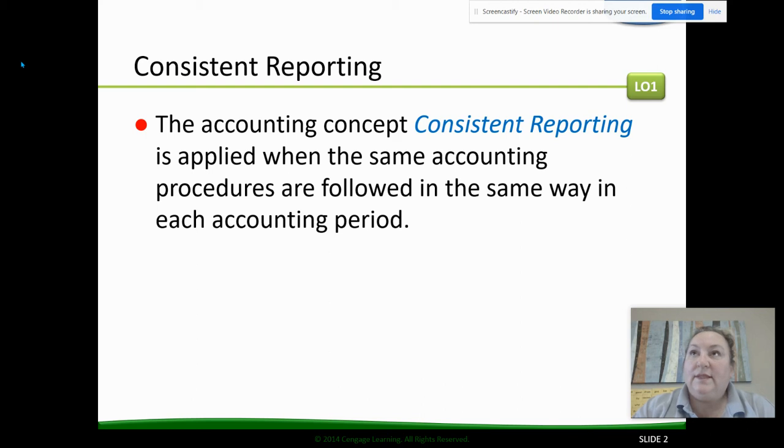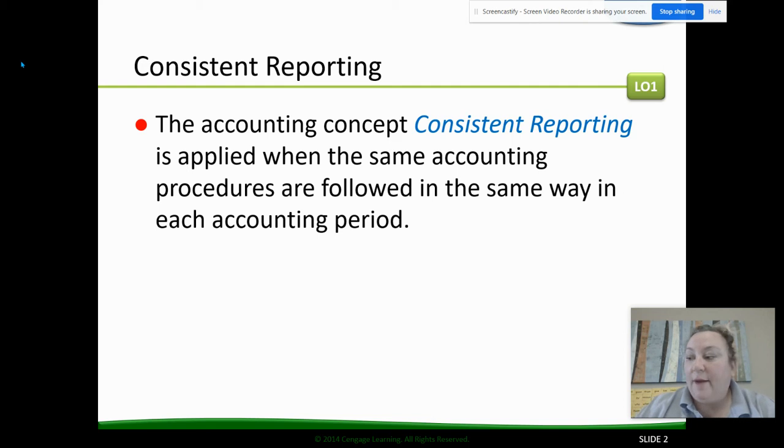That accounting concept is called consistent reporting. So we're going to do the same procedure, the same steps over and over and over again. We're not going to change it up. We're going to keep how we do each step consistent.